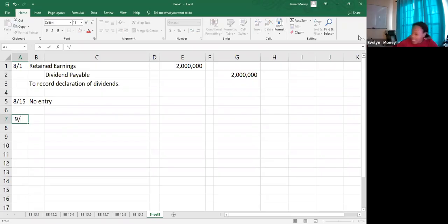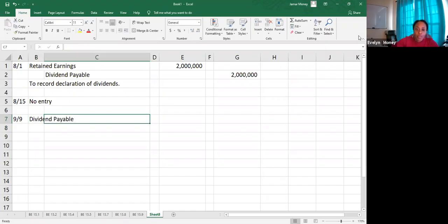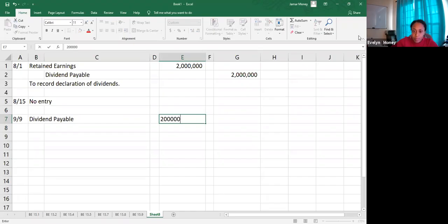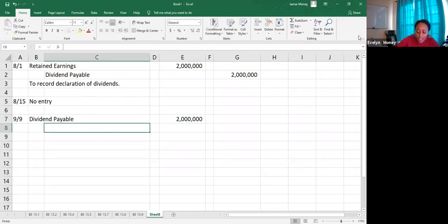Now, the last important date is the date of payment when we get rid of the liability, and this was 9/9. So on 9/9, this becomes an accounting 1 entry where we're paying off a liability. So we debit dividend payable for that 2 million, and we credit cash.